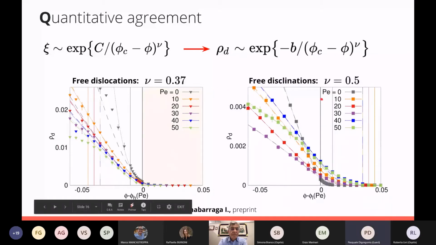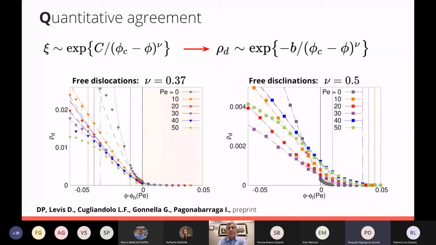One thing to be noted is that if we apply this form of the decay for the defects, this brings another independent estimate of the critical point of the transition, because as you can see here, you can use this phi c in the form of the decay of the number of defects as a fitting parameter. So you have a second independent estimate of the critical point.